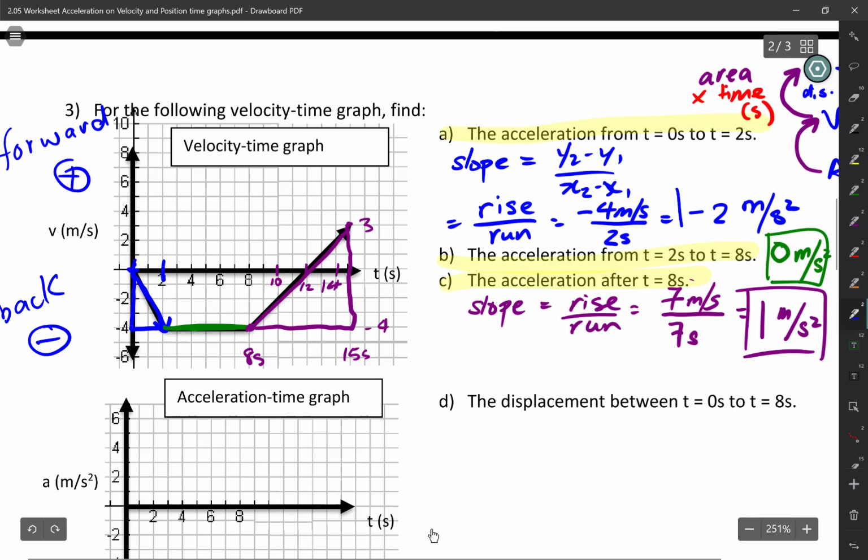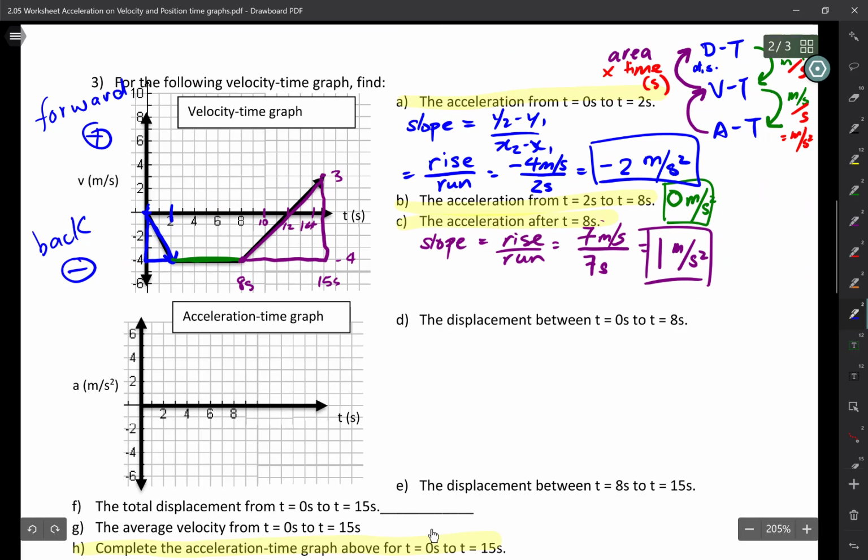Okay, so now we have all your acceleration values. We can now graph this on our acceleration time graph. Again, I'm going to graph it just like the 3 sections here, and notice that I've separated the 3 sections of your graph based on the 3 questions to make it easier for you to interpret.